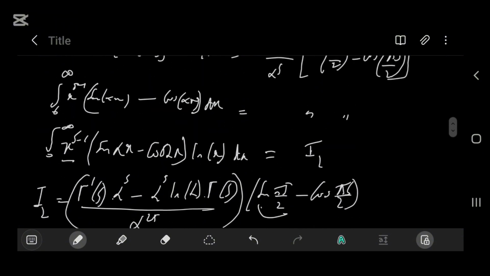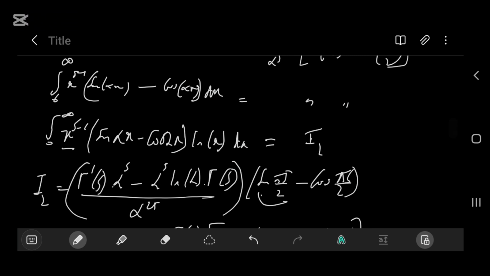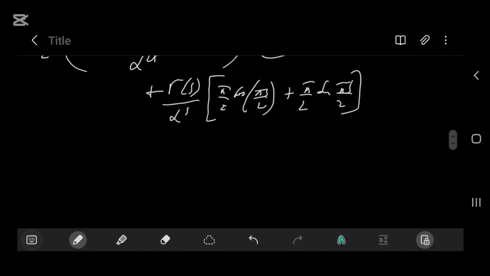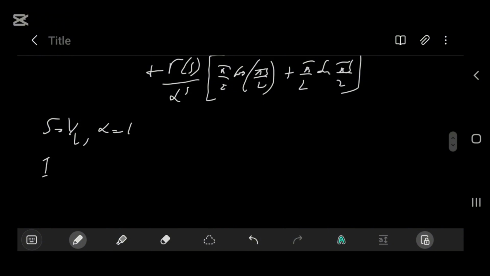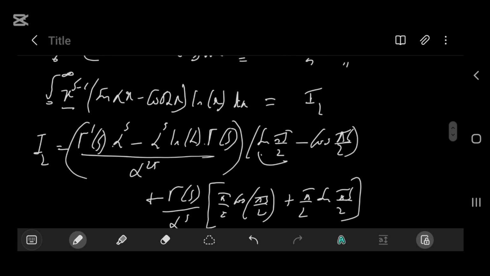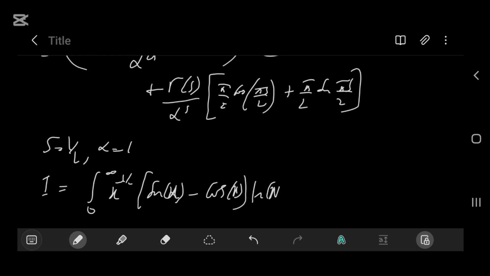Okay guys, if you see this integral, when we plug in s equals half and alpha equals 1, we get the required integral. Taking s equals half and alpha equals 1, we get I equals the integral from 0 to infinity of x to the power negative half times (sine x minus cosine x) times logarithm of x dx.